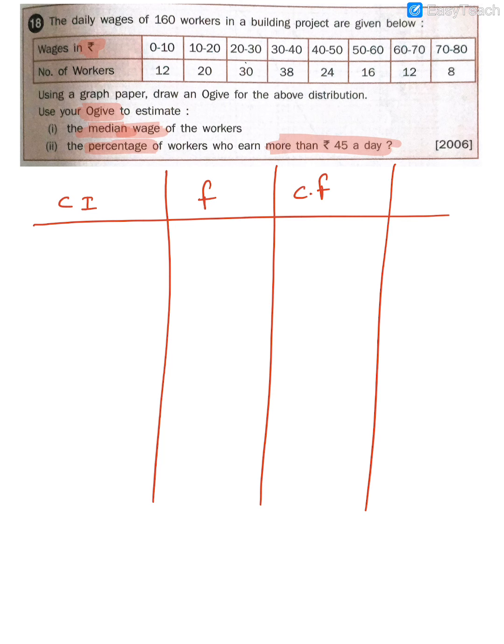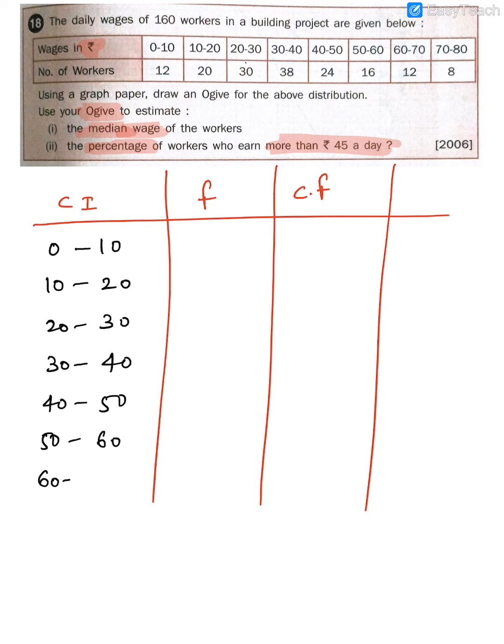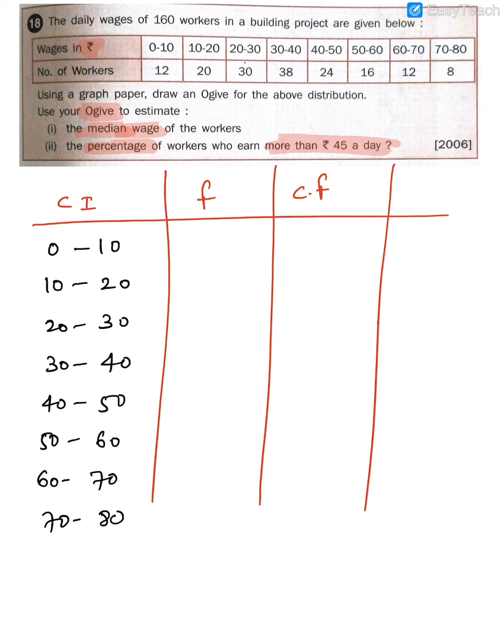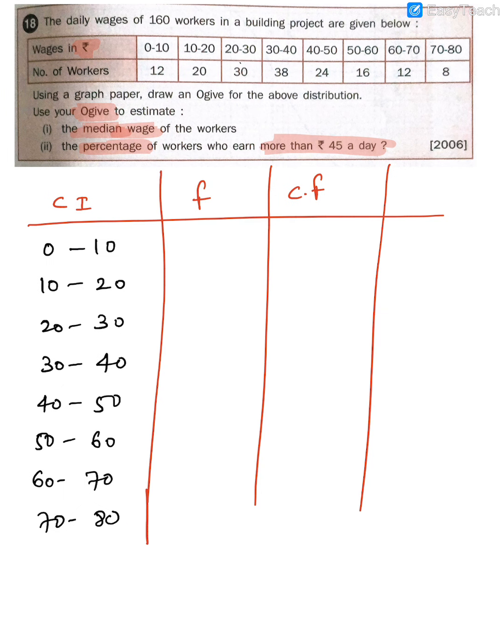So let's first fill up the class interval. It starts from 0 to 10, 10 to 20, 20 to 30, 30 to 40, 40 to 50, 50 to 60, 60 to 70, and then 70 to 80. So I need to make these lines longer.